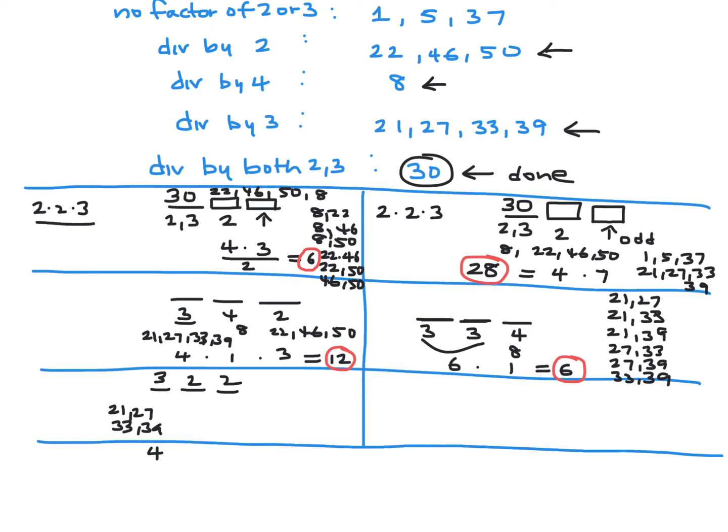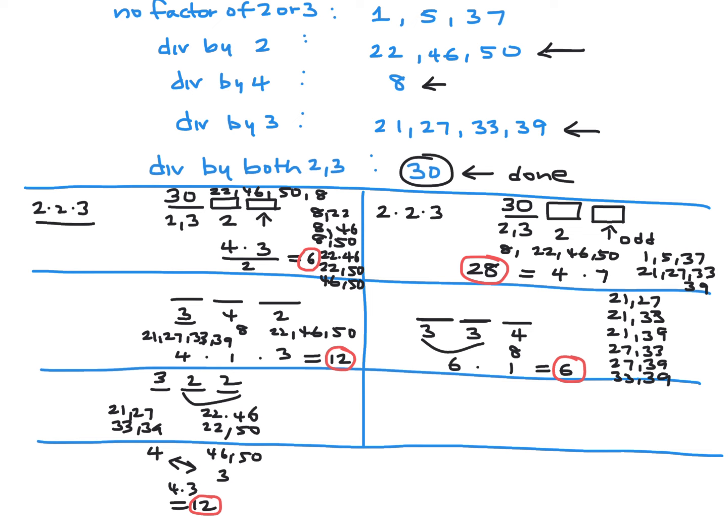We want 2 numbers from this one. So we can have 22 and 46, 22 and 50, or 46 and 50. So that'll be 3 choices for these guys. So 4 times 3, that's going to be 12. So 12 of that nature.